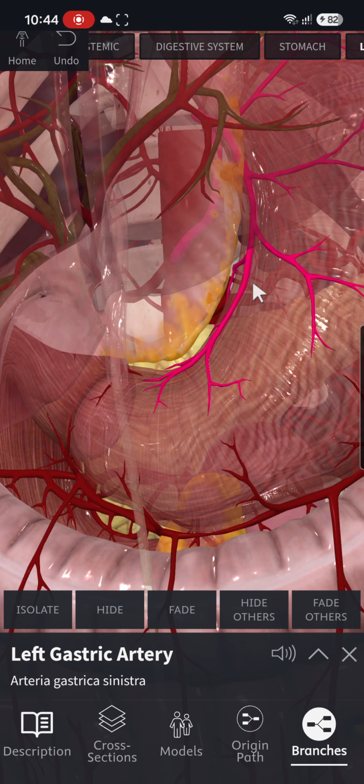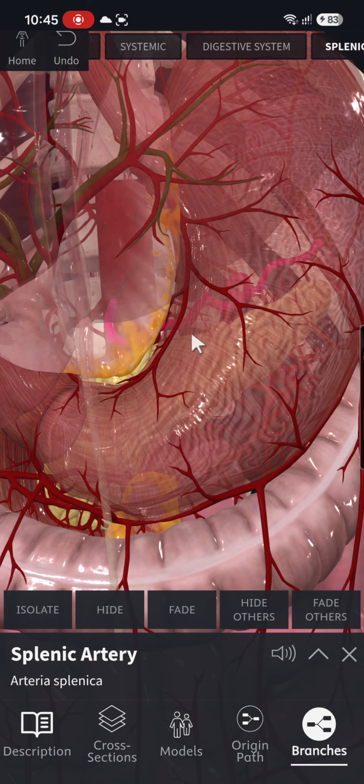So here, as we can see, I just highlighted the left gastric artery so it's more clear. And then here I highlighted the splenic artery, and it's very characteristic with its tortuous path, okay?